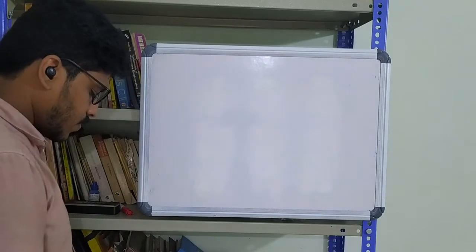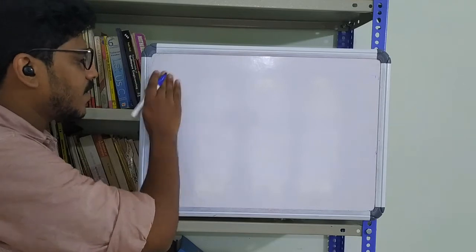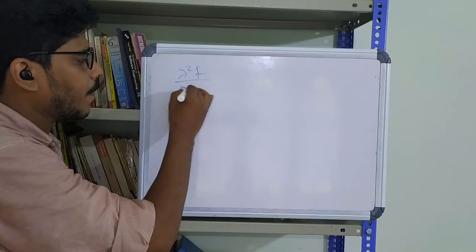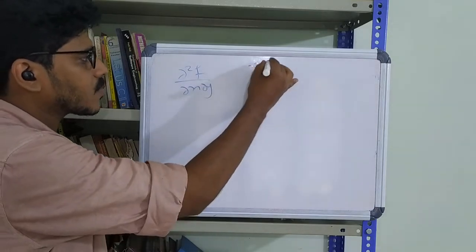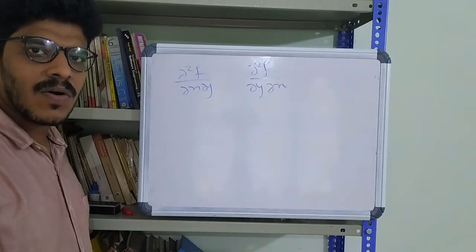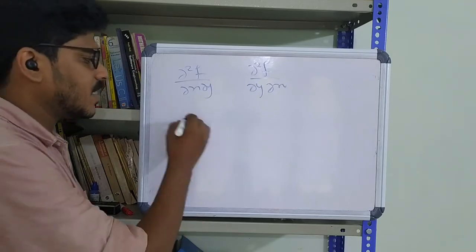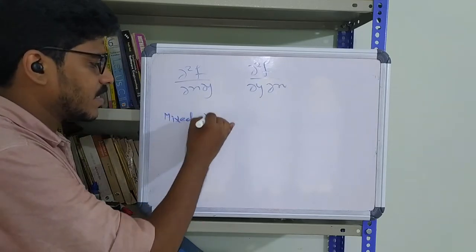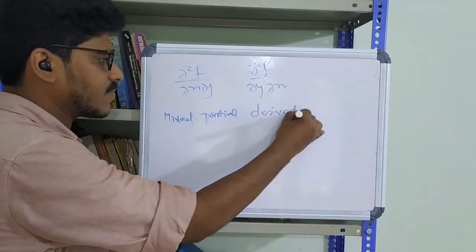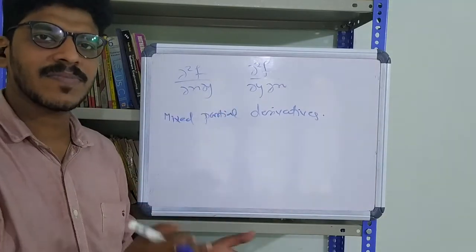Alright, so they are the higher order partial derivatives, and these derivatives like dou square f by dou x dou y and dou square f by dou y dou x are sometimes called mixed partial derivatives, by the sense that x and y come mixed.